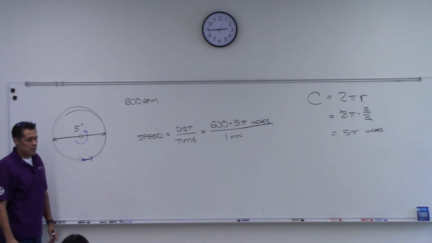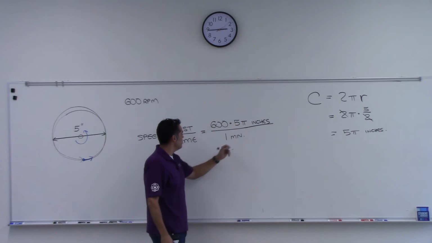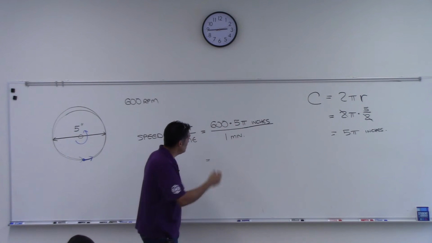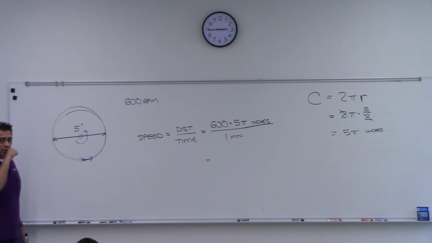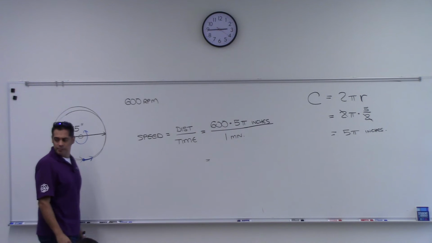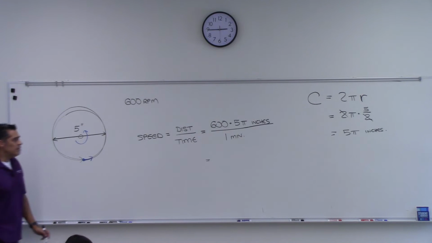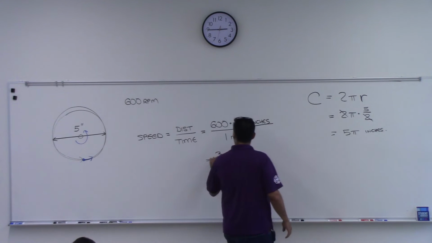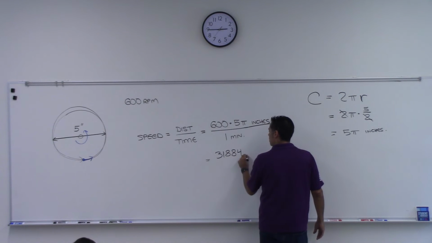Good, good. Let's get our calculators out. Let's do 600 times 5 times pi. Go ahead and use pi on your calculator. Let's get a decimal. What do y'all get? 31884.96.